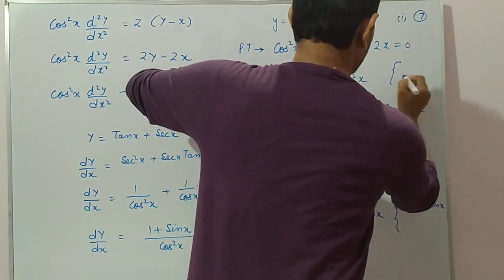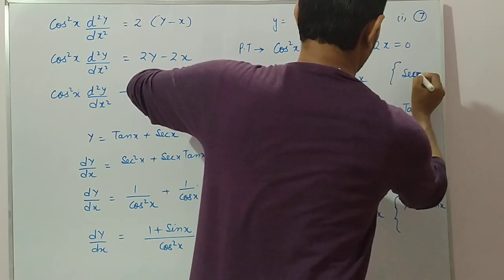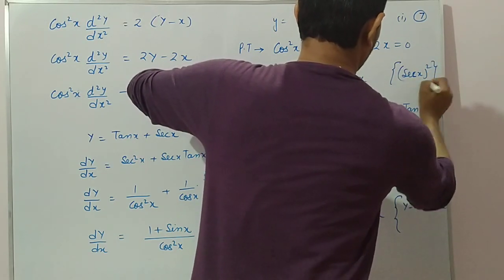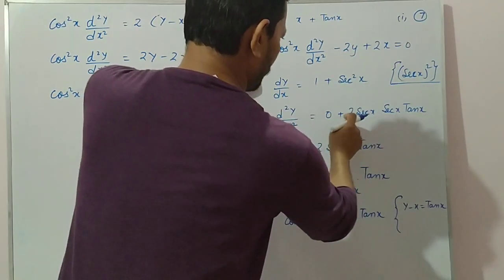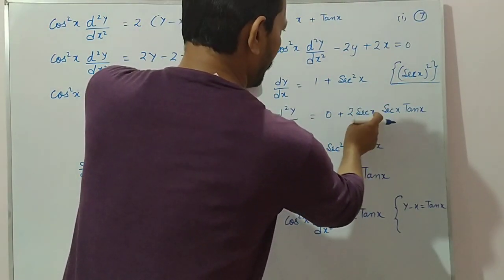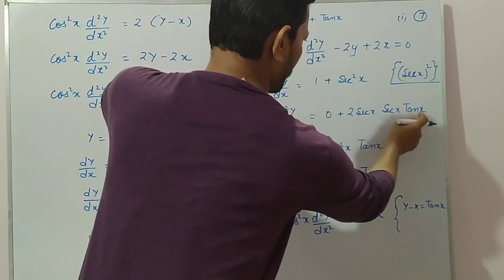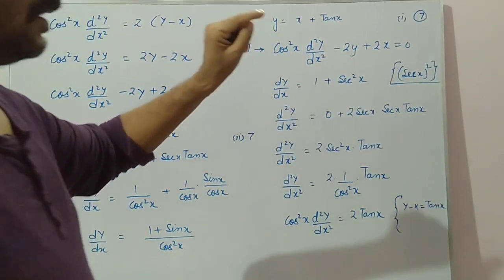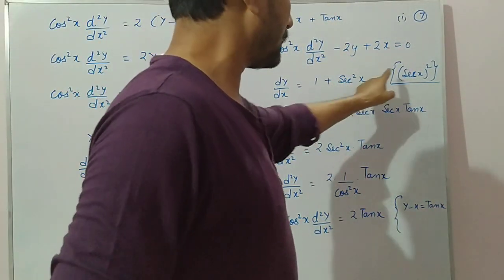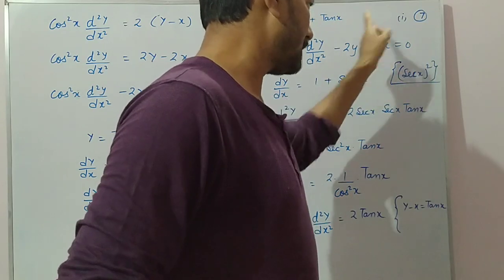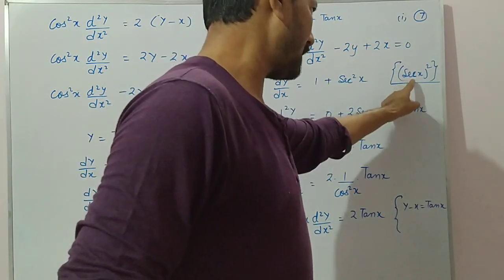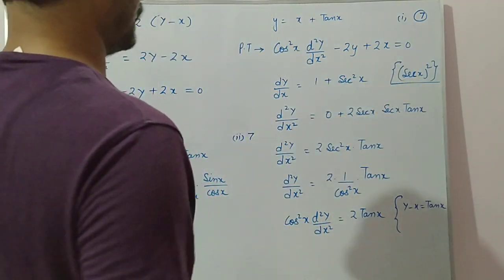Sec square x means sec x the whole square. So first differential of power, that is 2 sec x, and then sec x differential is what? Sec x into tan x. Remember this one, sec square x means what? Sec x the whole square. So first differential of power 2 sec x, then sec x differential sec x into tan x.